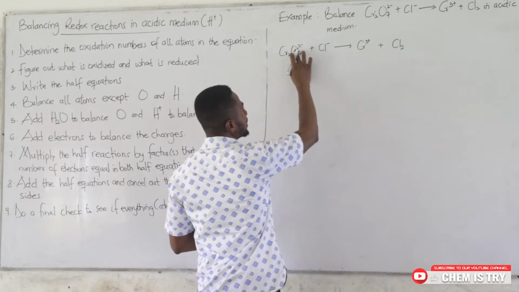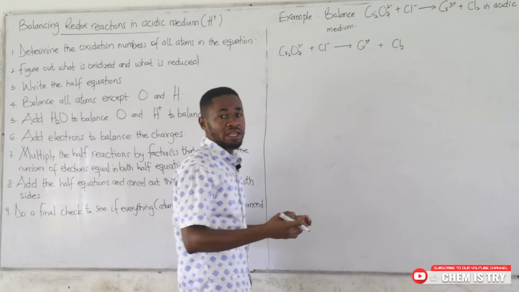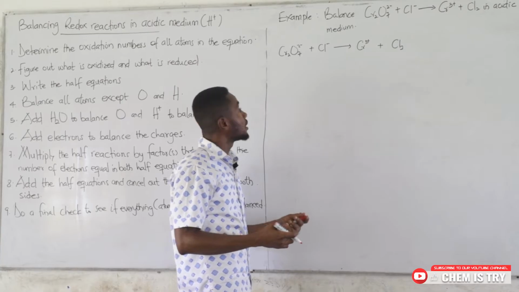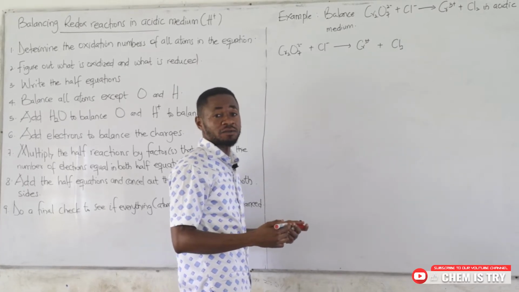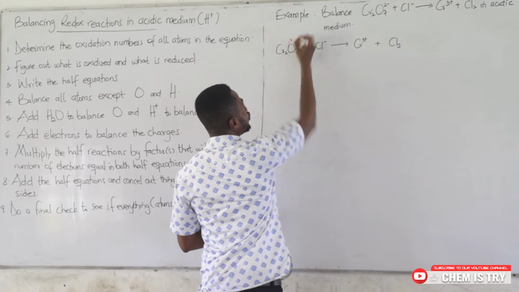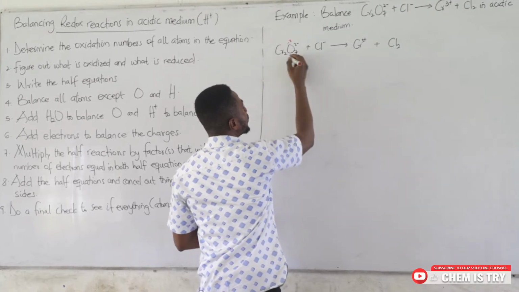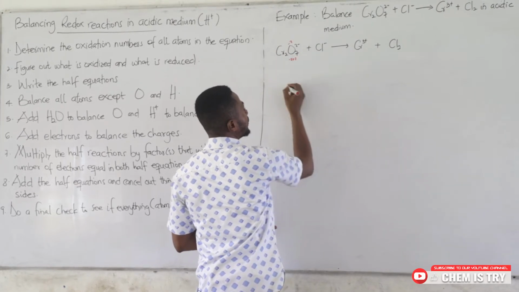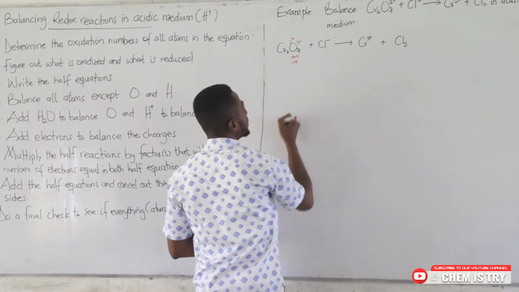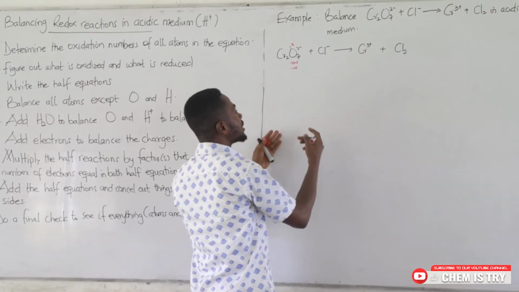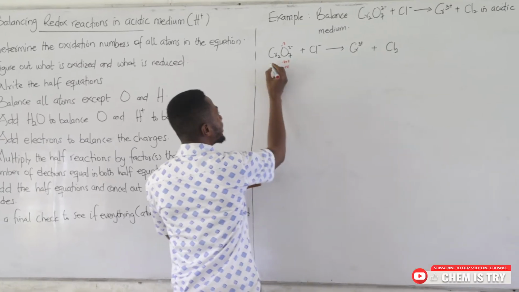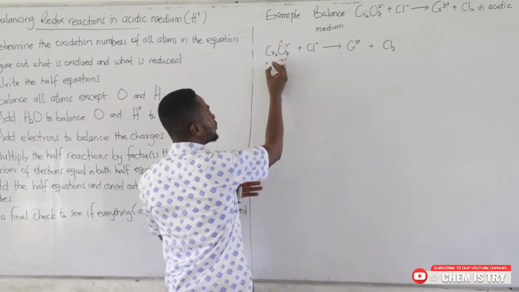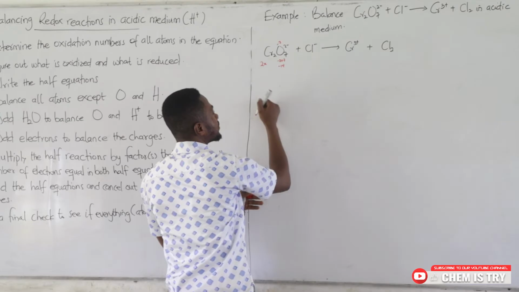Now, oxygen, we said, apart from being in peroxides, has oxidation number of -2. So we have -2 here, and we have 7 of them. So -2 times 7, and that will give us -14. We don't know the oxidation number for chromium, so we represent it with x, and we have 2 of them, so we have 2x.